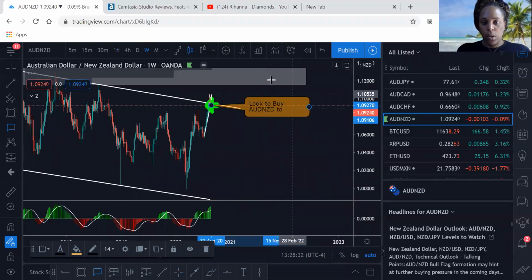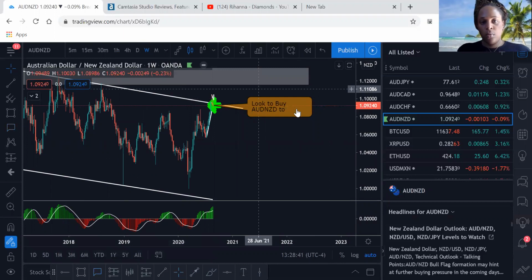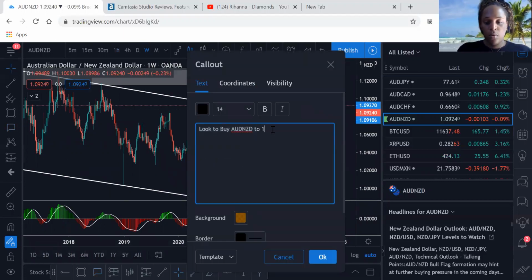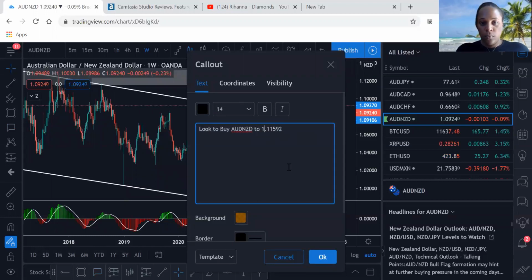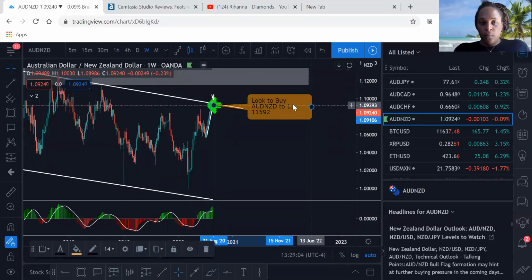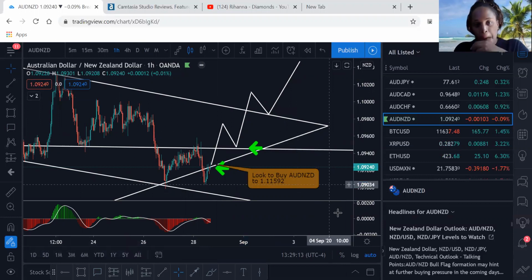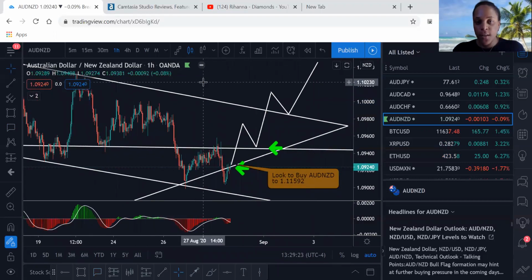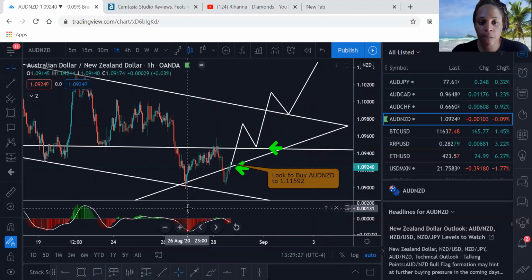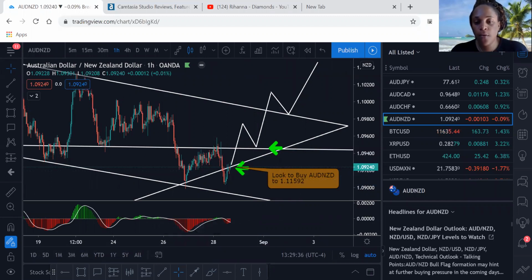Let's see where that is. All right, so we good with this? Good with NZD? Nice.